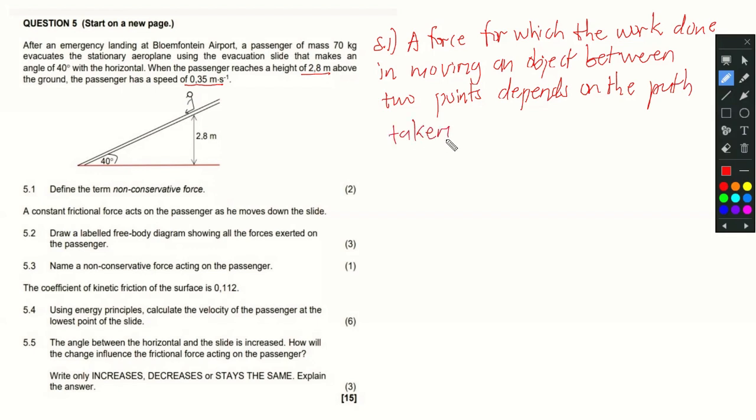And that's how you would define a non-conservative force.